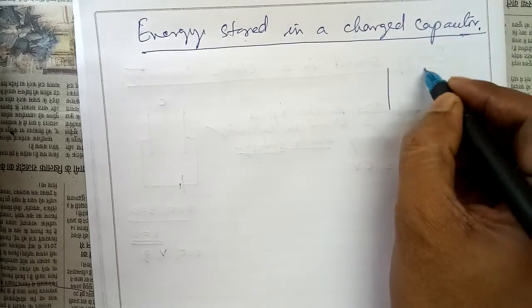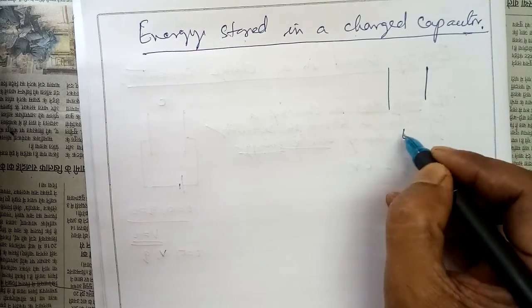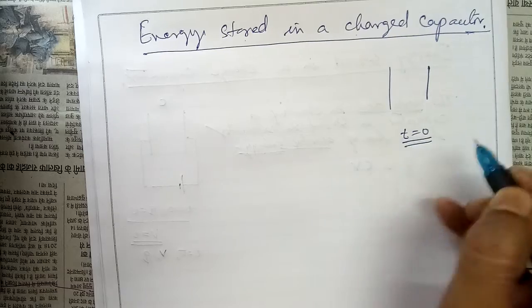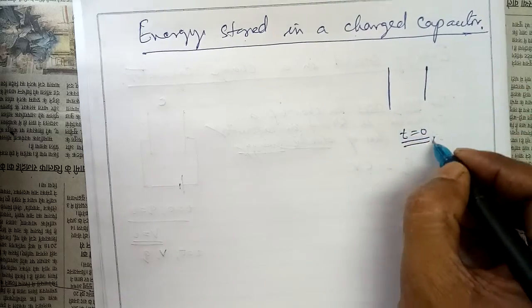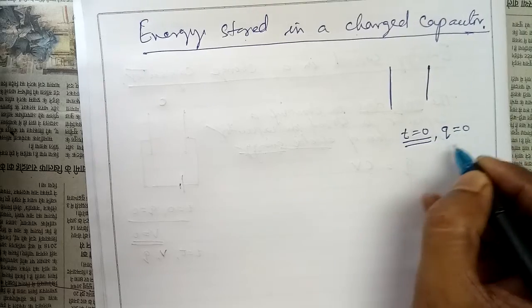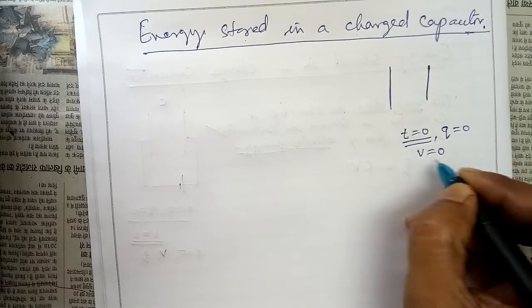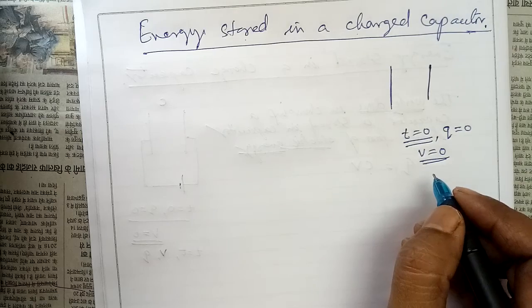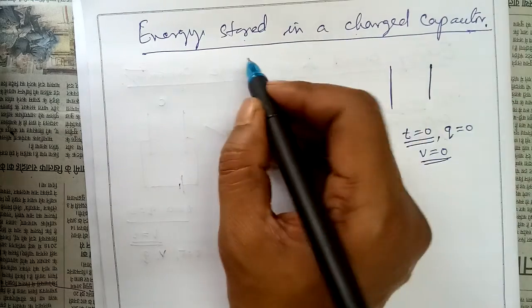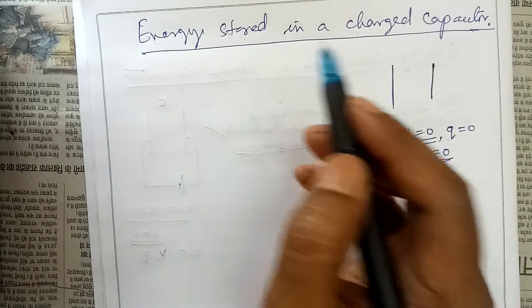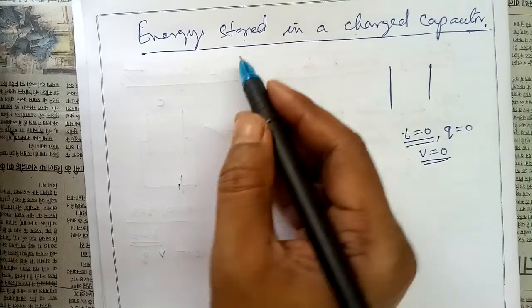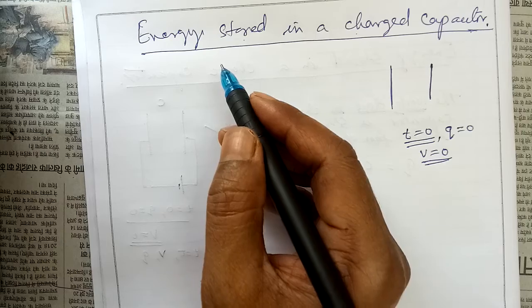Let's imagine a capacitor at t equal to 0. It is not connected to a battery. Then, initially, it has no charge and no potential difference. In order to store energy on a capacitor, we need to do work, and this work is stored in the form of electrical energy.